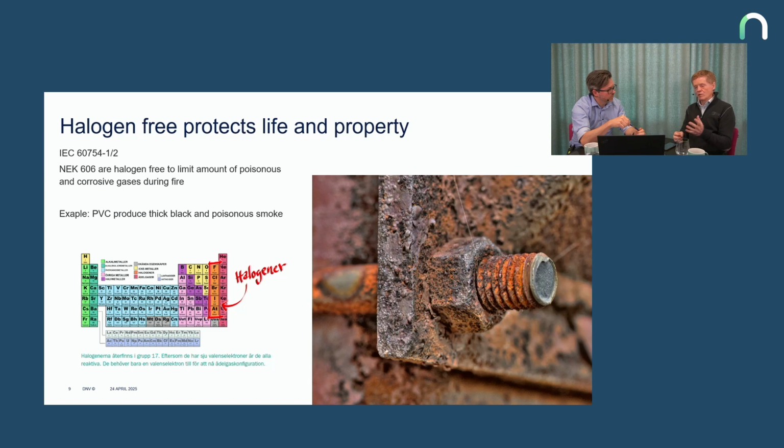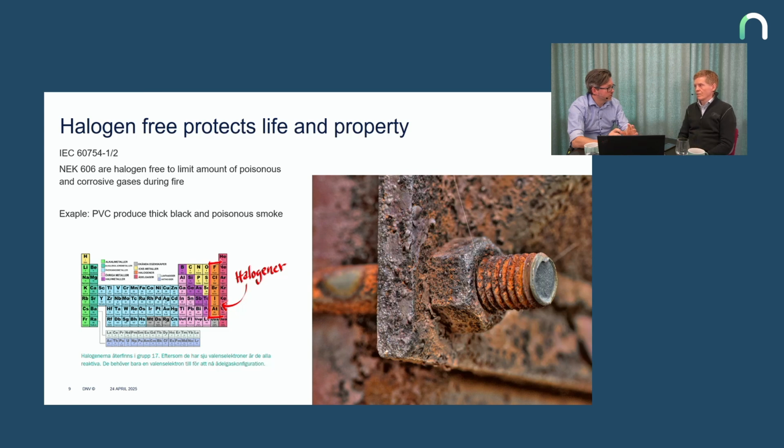I mean, it's good that the PVC insulation is withdrawn, but still there could be, in some cases, PVC sheathed cables. But these PVC sheathed cables will not be accepted by 606. 606 will only accept SHF2 or SHF1, halogen-free outer sheath.